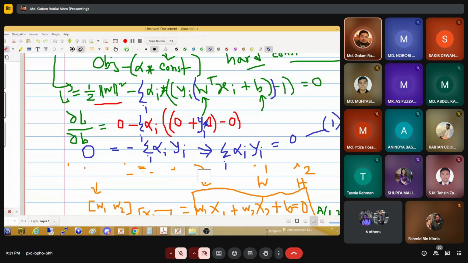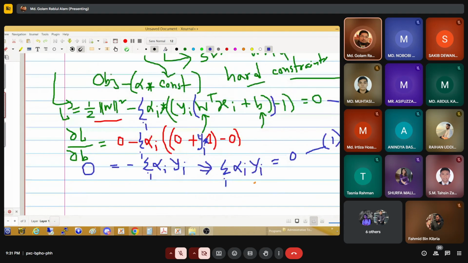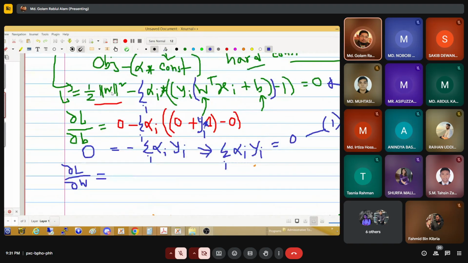Now what we have to do is take the derivative of our Lagrangian equation again with respect to W. This is the equation, and we want to take the derivative of this equation with respect to W. It will be delta L with respect to W. On that case, we can see half, and here is W squared.